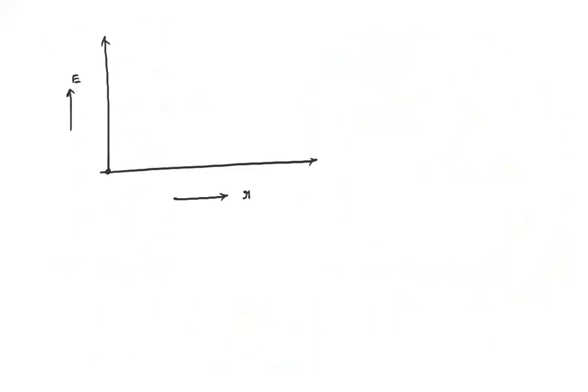At r equal to 0, the electric field intensity is 0, and it remains 0 until small r is equal to capital R. At small r equal to capital R, that is, on the surface, the electric field has its maximum value. Later on, the field decreases, with E proportional to 1 by r square. This is the graph of E versus r.